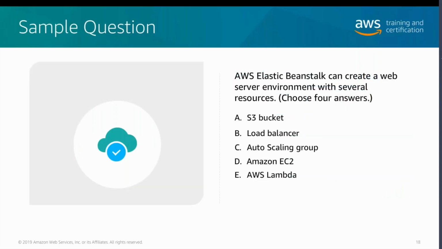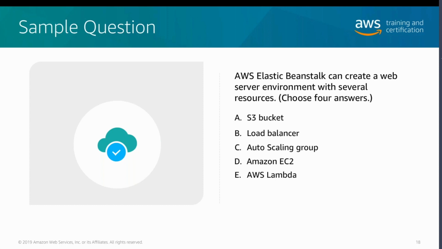So let's look at another sample question here. Elastic Beanstalk can create a web server environment with several resources. It's asking us to choose four resources that we know Elastic Beanstalk can create. I just mentioned a couple of them.